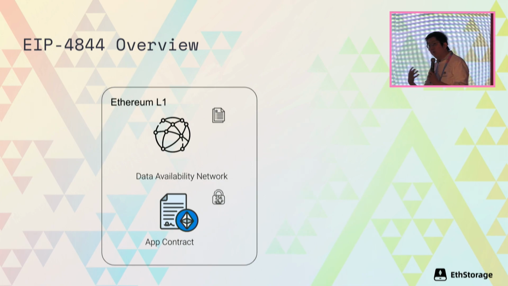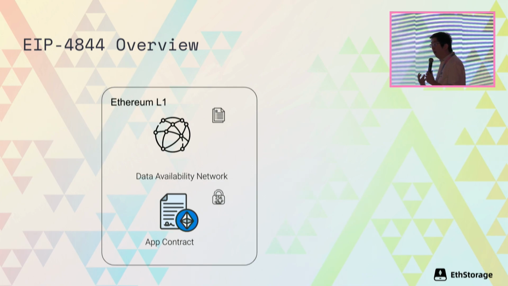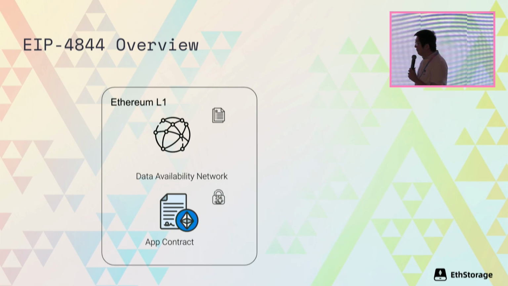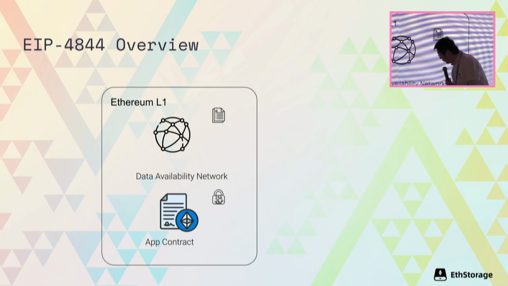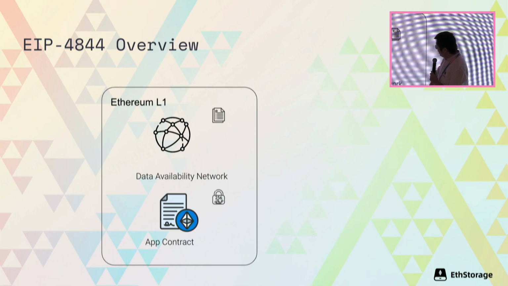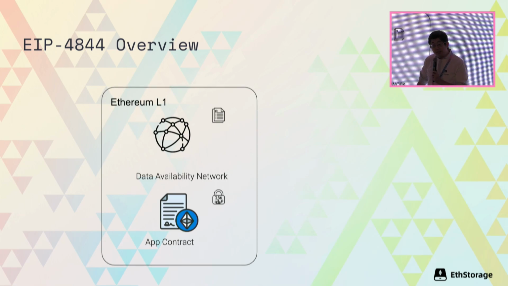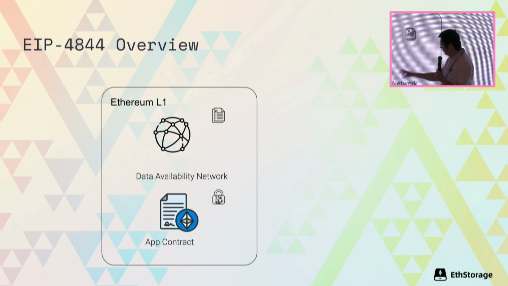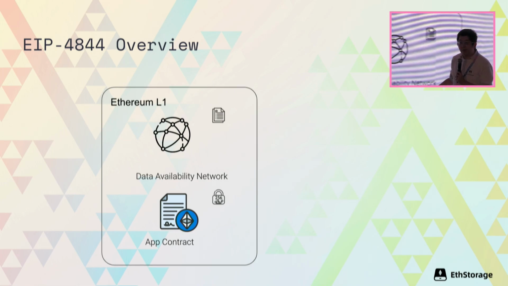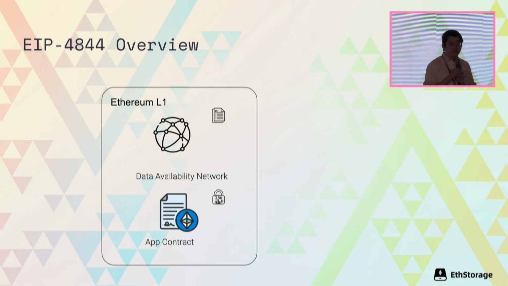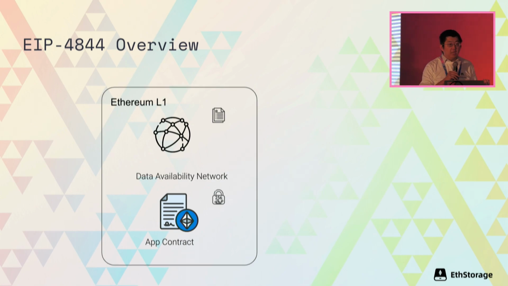With some advanced cryptography, for example data availability sampling, the consensus can prove that the data corresponding to this commitment is available in the data availability network, rather than accessing each byte of the data.